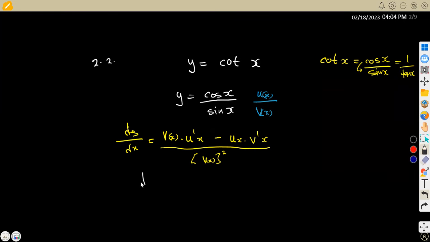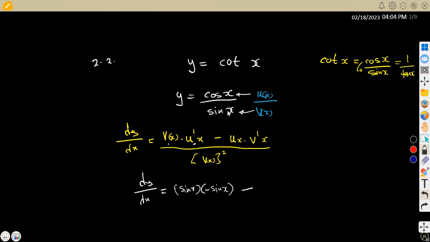All right, so the derivative of y with respect to x is going to be equal to v(x), which in this case is sine of x, multiplied by the first derivative of u. Our u is cos, so take note, u is cos. The first derivative of cos gives us a negative sign, minus u(x).